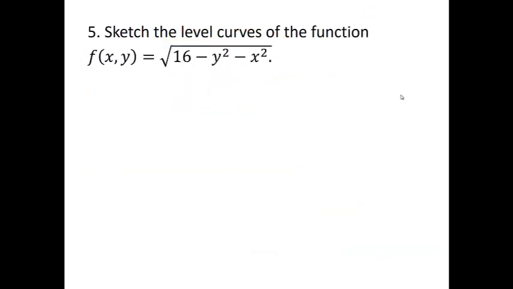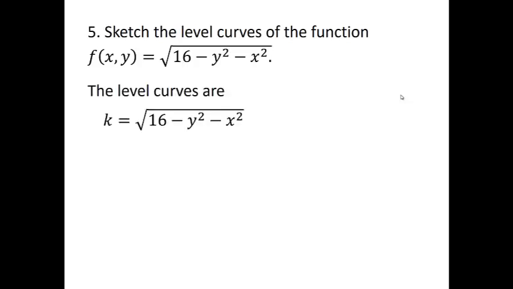Let's sketch the level curves of the function f of x, y equals the square root of 16 minus y squared minus x squared. So to find the level curves, we take our equation and set it equal to a constant k. Notice in this case, because it is a positive square root, we automatically know k must be a value greater than or equal to 0.